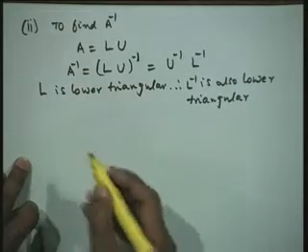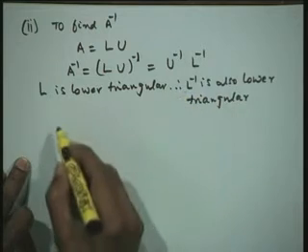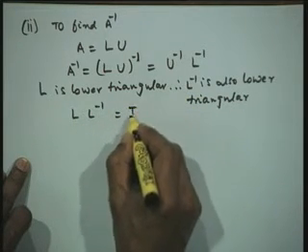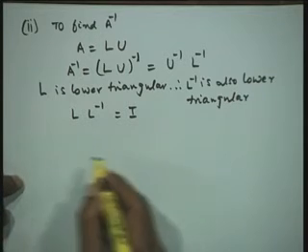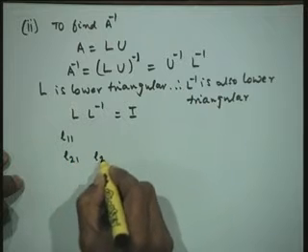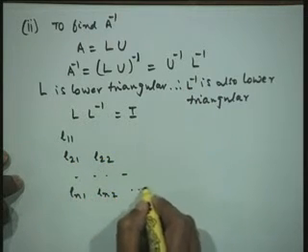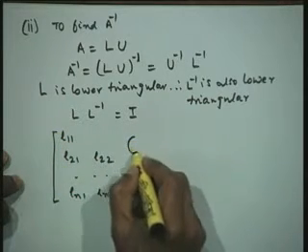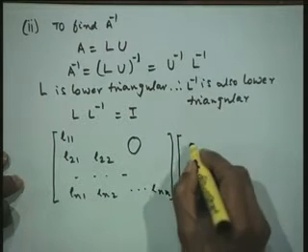Now, what does that imply? Knowing L, I want to find L inverse. Therefore, to find the elements of L inverse, I will use the identity L L inverse equal to I. That means, I will write down L11, L21, L22, Ln1, Ln2, Lnn, and then the inverse is to be determined.